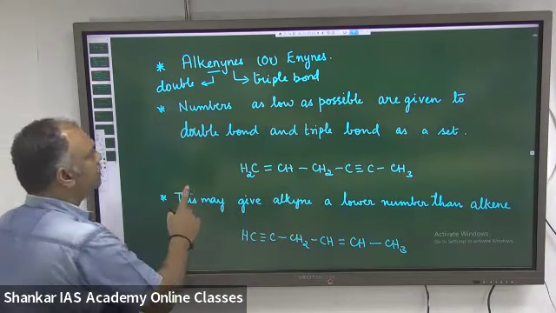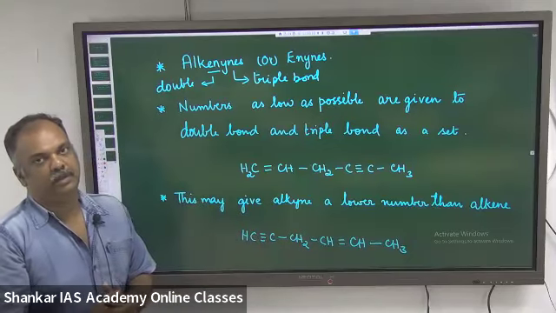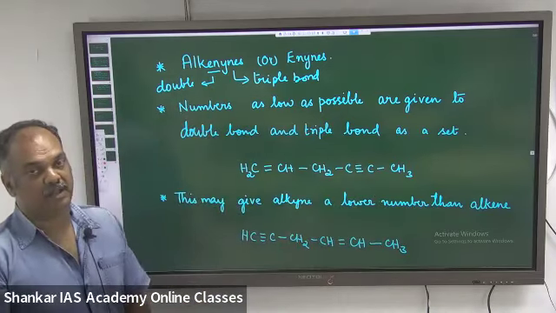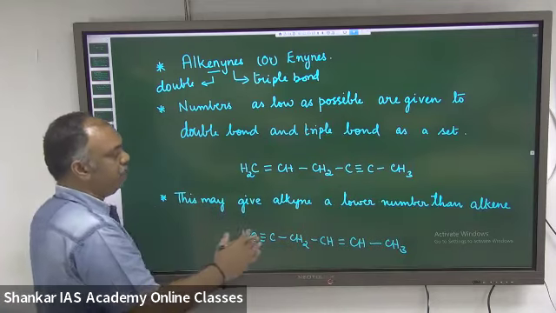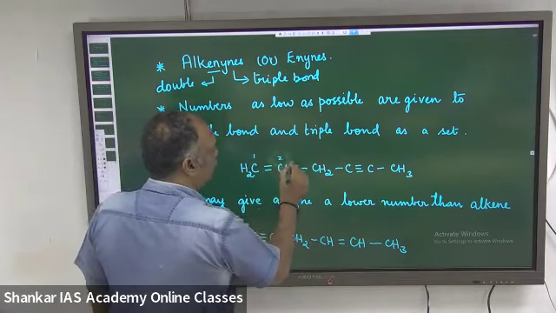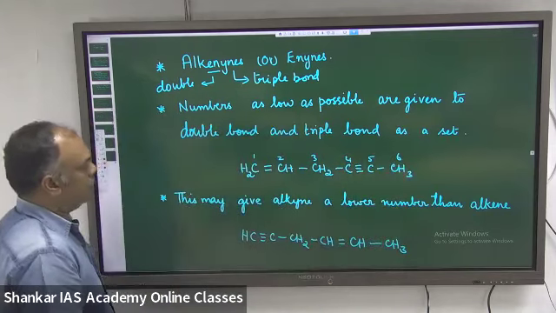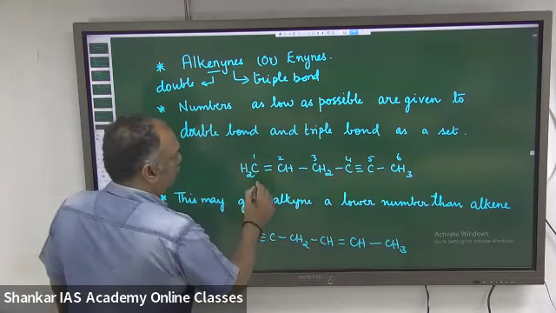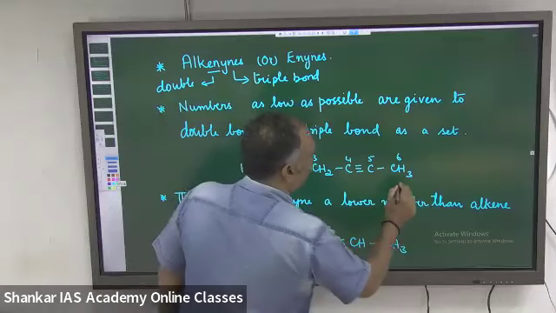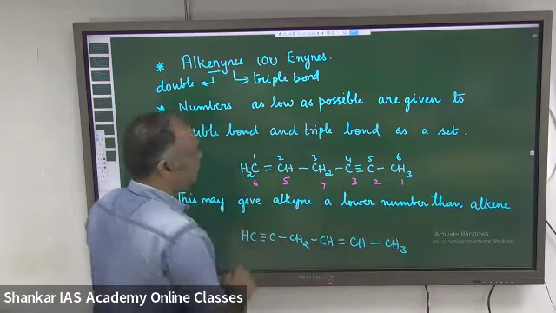Now, numbers as low as possible are given to the double and triple bond. If you take this compound, this contains 6 carbon chains, so you can number it from either way. I'm going to number it from left to right: 1, 2, 3, 4, 5, 6. And from right to left, which I will show in a different color: 1, 2, 3, 4, 5, 6.